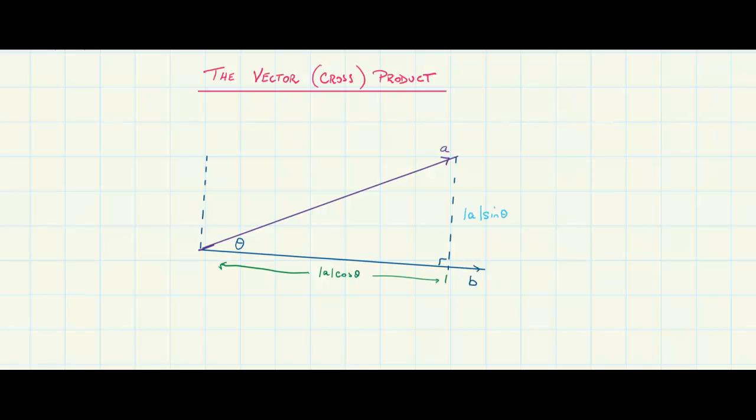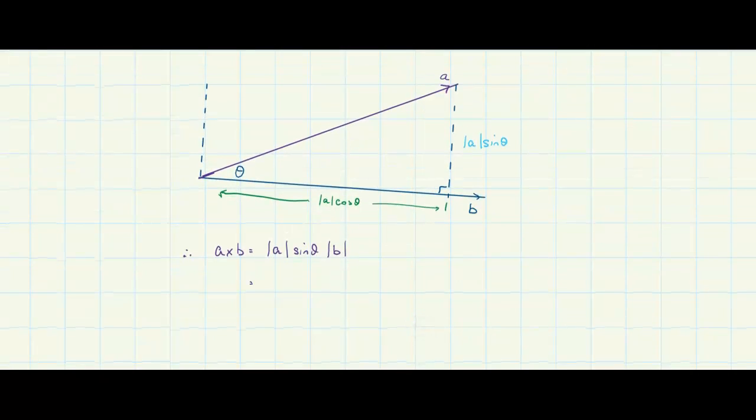That's the part of A that's perpendicular to B, and so therefore what we call the cross product, or A times B, we say that A times B is equal to A sine theta by the magnitude of B, or if you like, AB sine theta. Now that's the cross product of A and B.